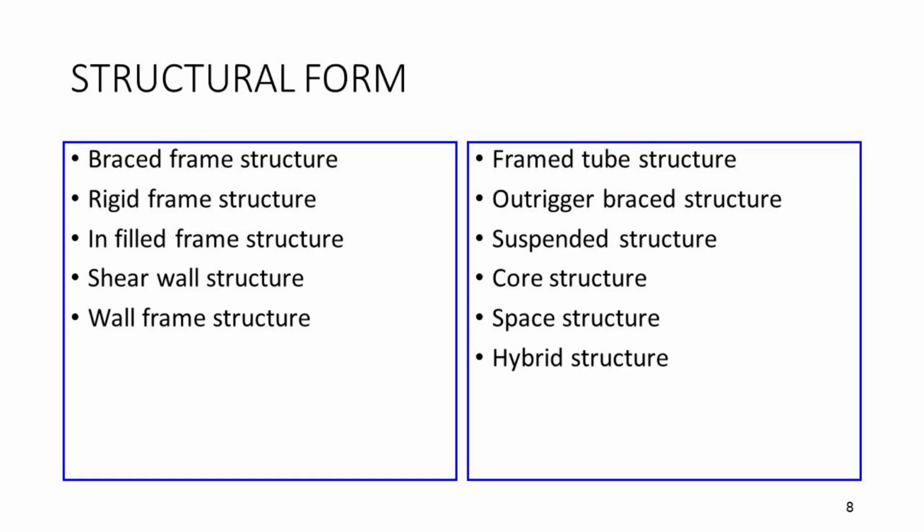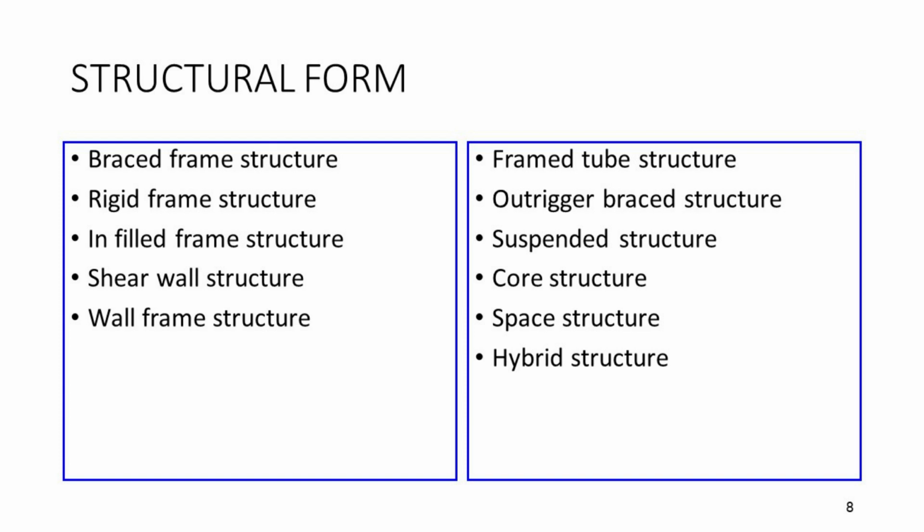In general, there are 11 different structural forms that can be proposed in designing tall buildings. Bear in mind, at times, if a new concept of tall building design is proposed by the architect, there will be other possibilities of structural form introduced. At this moment, those listed here are the common structural forms currently being used.